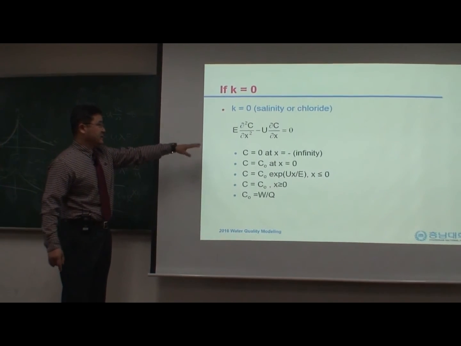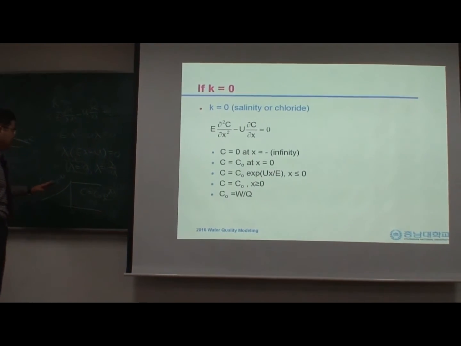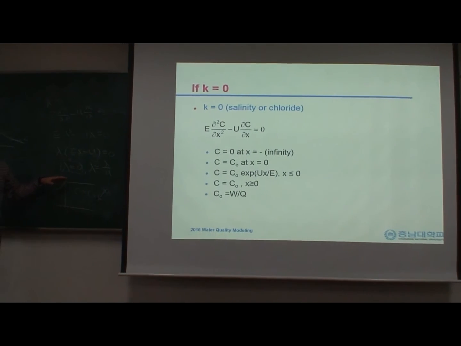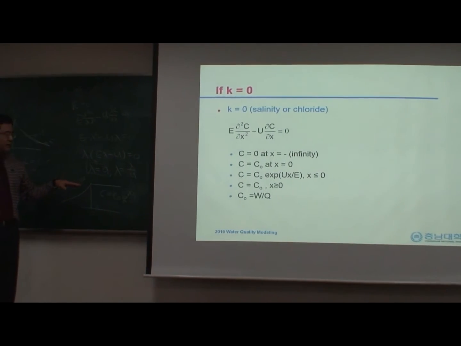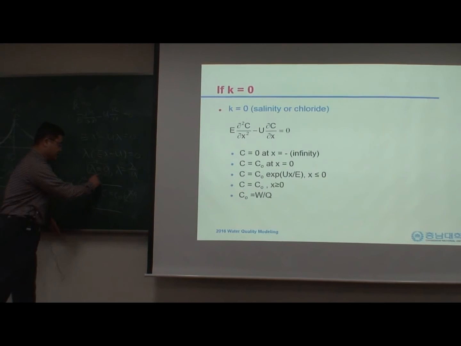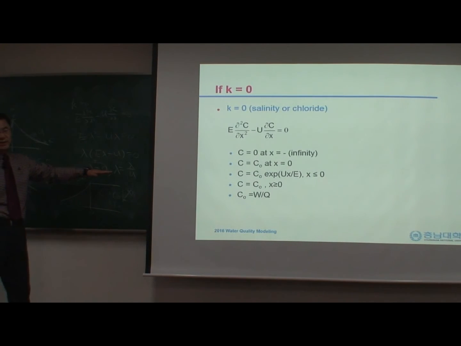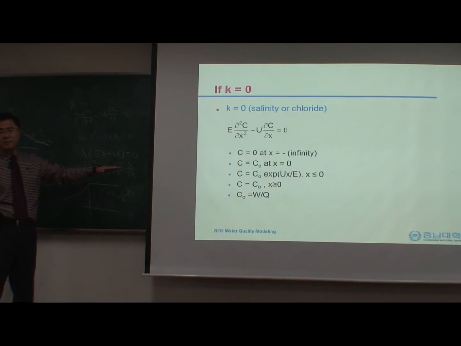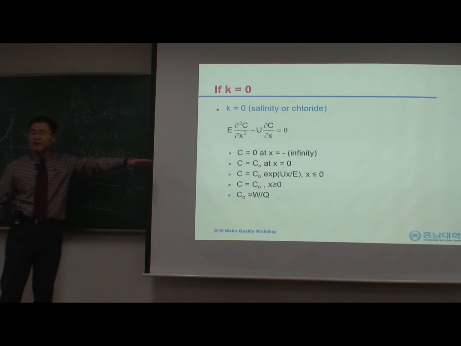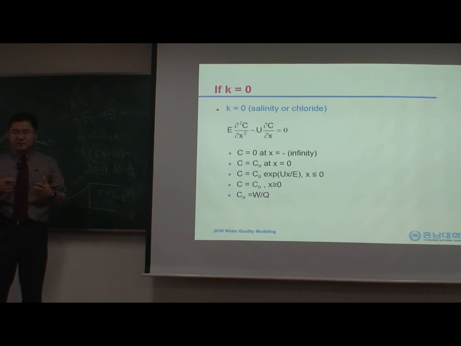So this one says, if you have some ocean and you have a salt concentration, salinity, and if you have very constant salinity, let's say 3%, yes, 3%. Actually the salt concentration or salinity, they are different.